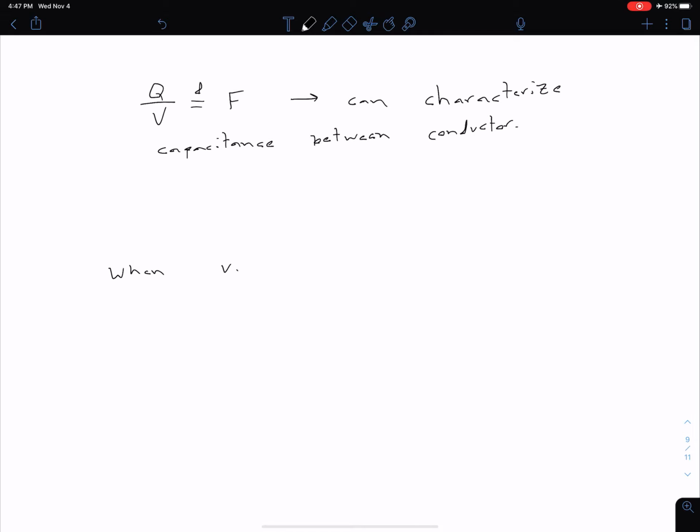So we can say when our voltage difference between two conductors is resulting in some measurable change in charge. And of course, if we think back to our basic definition of current, it's just change in charge over time, dq/dt. So if we have some measurable change in charge, that's essentially saying we have some measurable current.